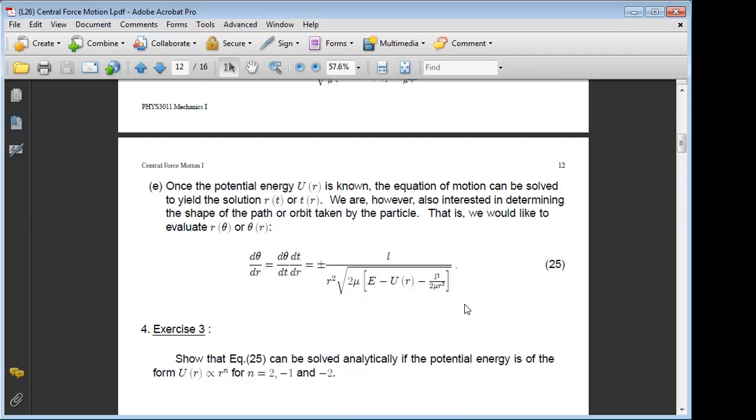However, if U(R) is a power law potential, if U(R) is proportional to R to the power n, there are only 3 cases which have analytical solutions or closed form solutions. All right.